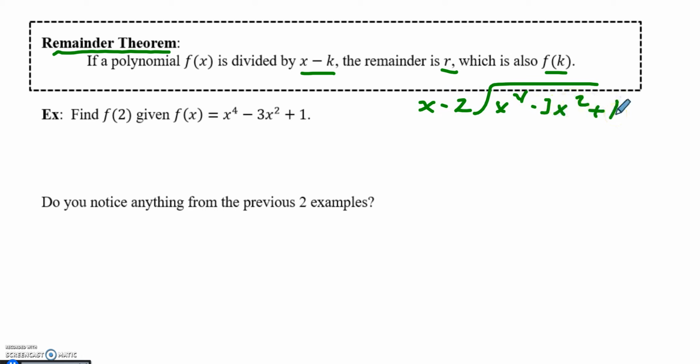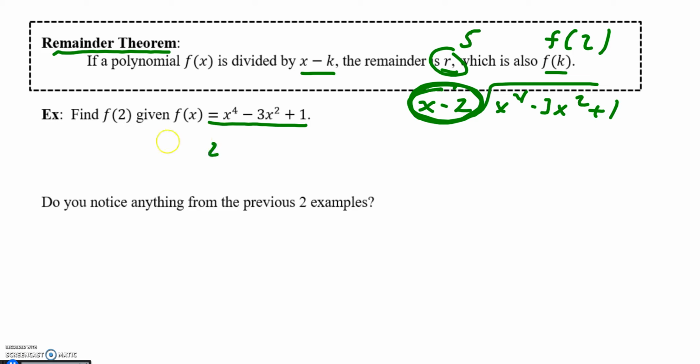And so what this is saying is if you have a polynomial like this, the remainder r, which on the previous example we got as 5, is also the same as if I plug in f of 2. Now, where did I get the 2? Remember, the root that really comes from x minus 2 is 2. So what this problem is saying is if I plug 2 into my original dividend, then I should get 5.